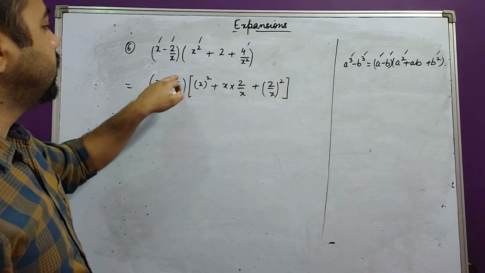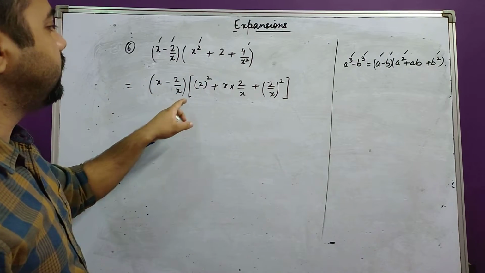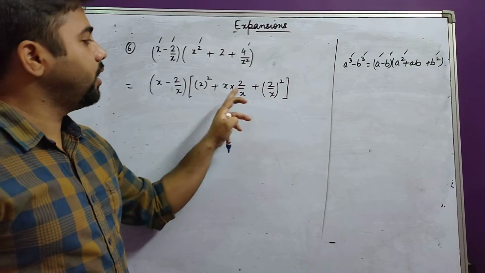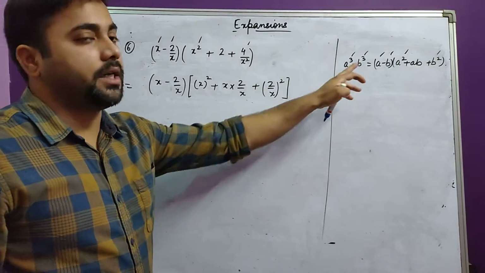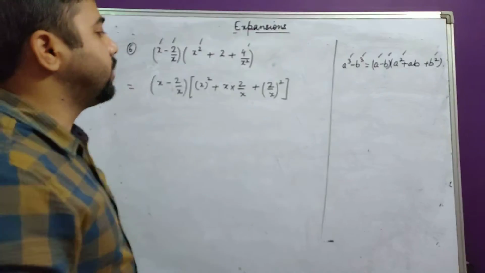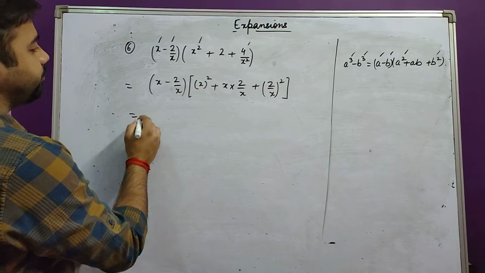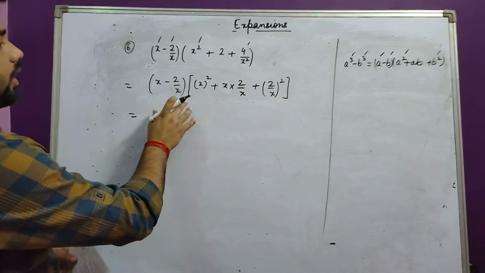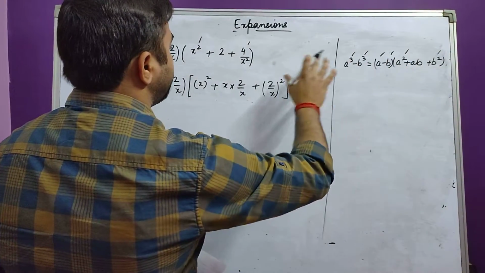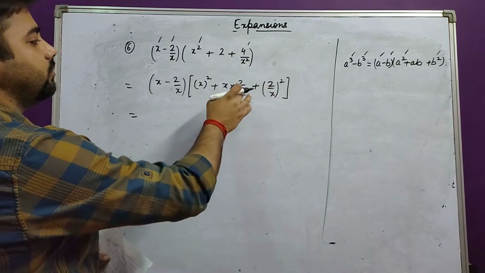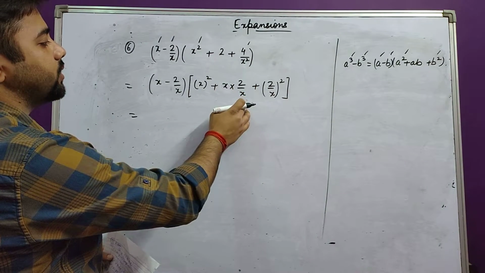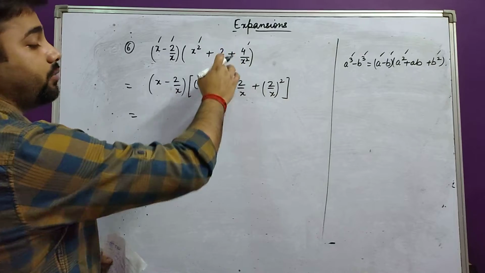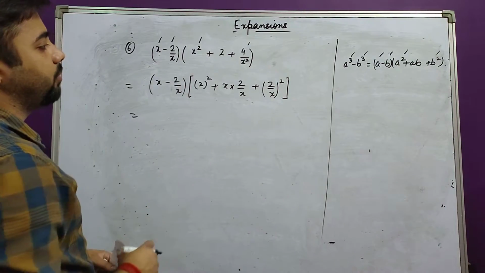Now just see, we have just substituted the values over there. x minus 2 by x, that is the first term minus second term, first term square, second term square, first term multiplied by second term. According to the formula, we have just substituted the values. Now on cancellation, you can see x will cancel and you are left with 2, and therefore this is the perfect formula that you are using.